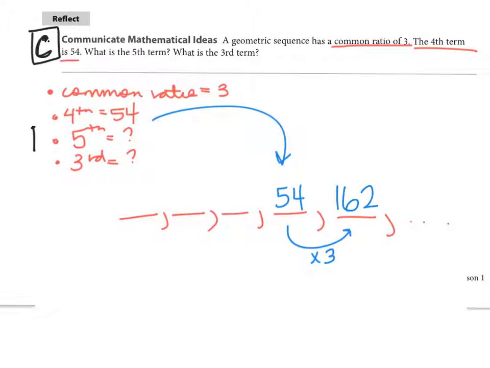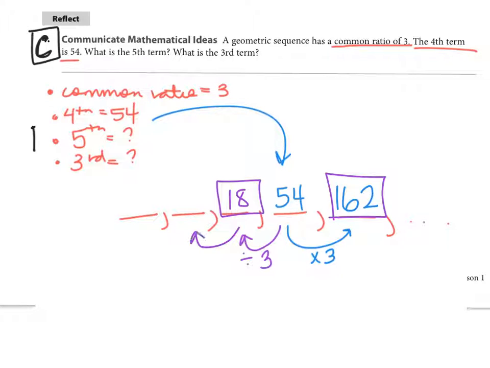But the question is, how would we go backwards? If we multiply to go forwards, to go backwards, we might want to divide by 3. So if I divide this by 3, I'm going to get 18. Now they don't ask for this, so there's my 3rd term and my 5th term. They don't ask for this, but it's a good skill.